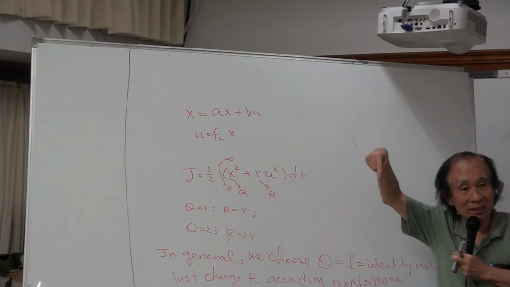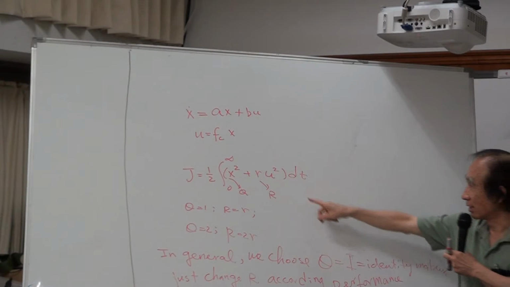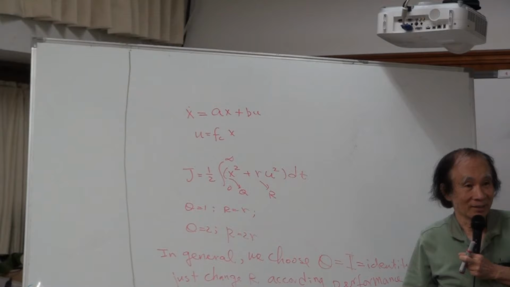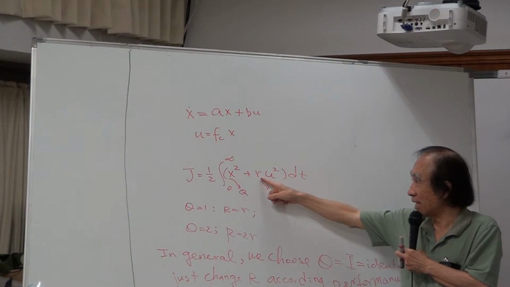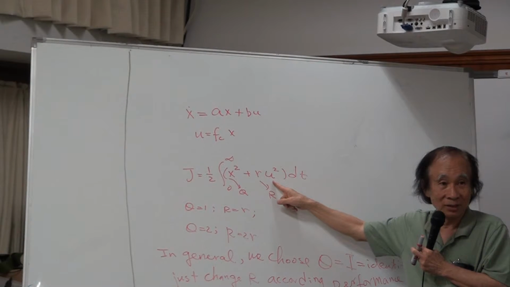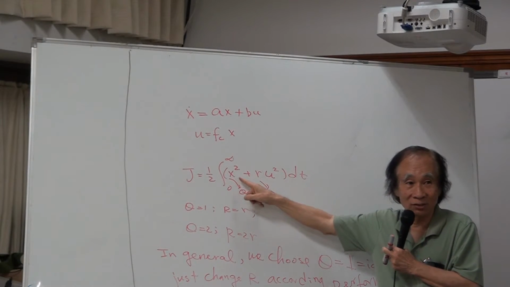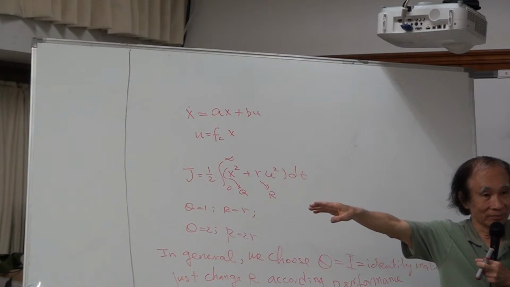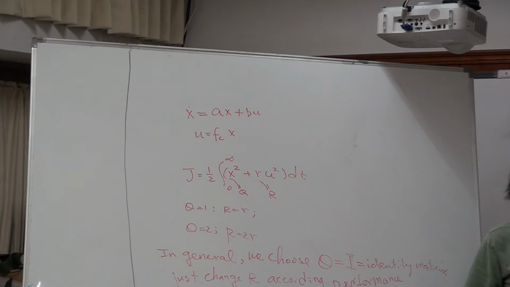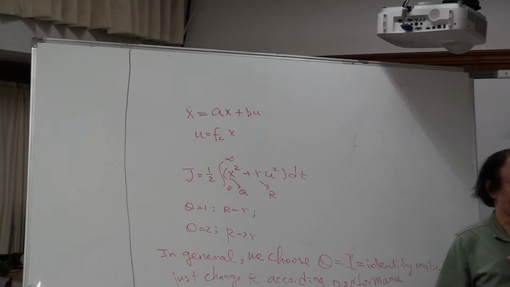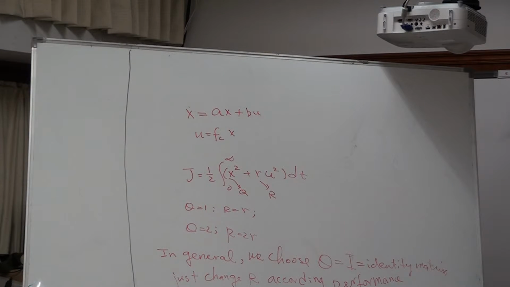We know that if R decreases, we need more energy for the system. Because if R is small, I don't care much about my energy. You can go ahead, just look at the X, because I want my performance to be very good. I want to drive very fast. That means I may waste a lot of energy, gas, for it. So that's the case.